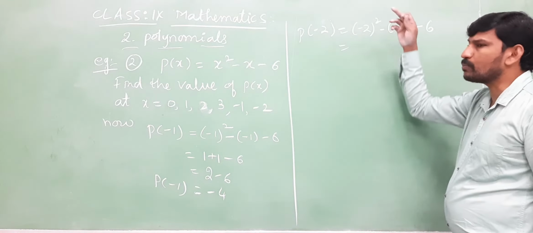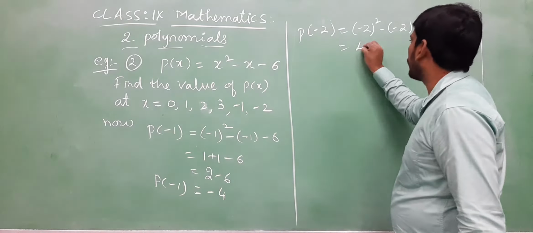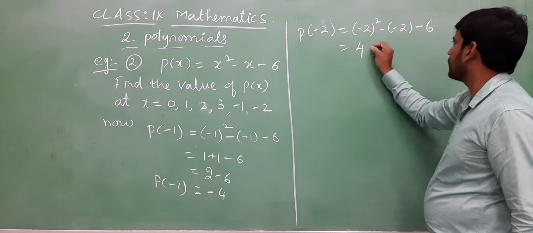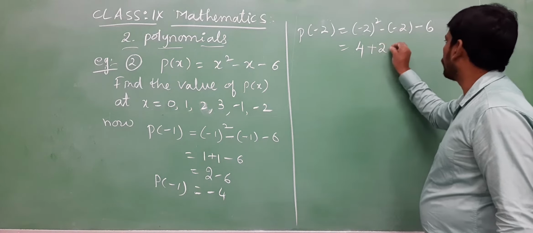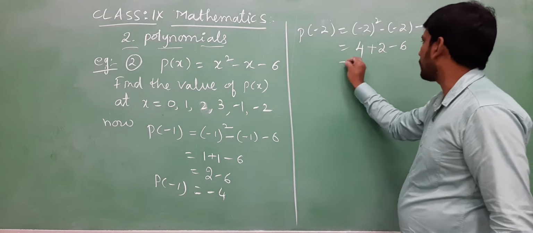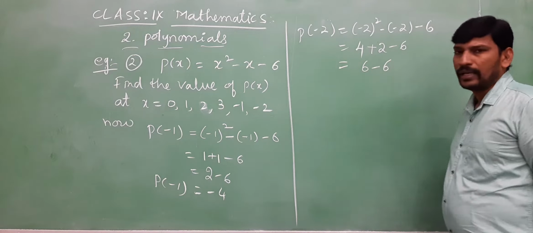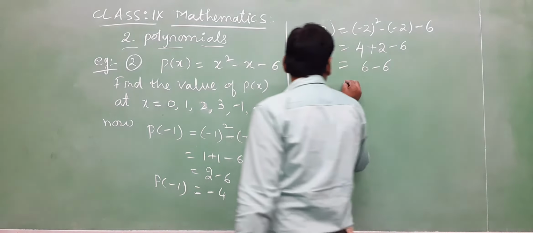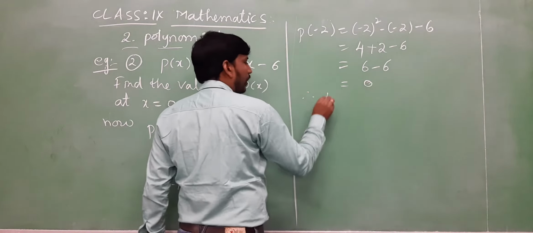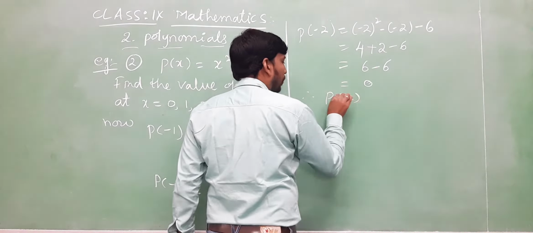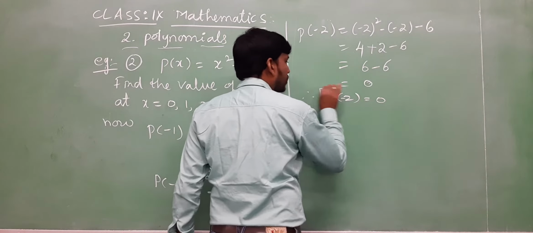That is minus 2 into minus 2 becomes 4 here. Minus into minus is plus 2, minus 6, which implies 4 plus 2 is 6, minus 6. Now 6 minus 6 is equal to 0. So therefore here p(-2) also we got 0.